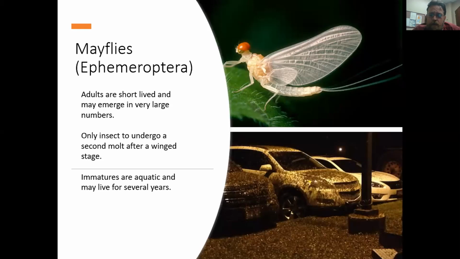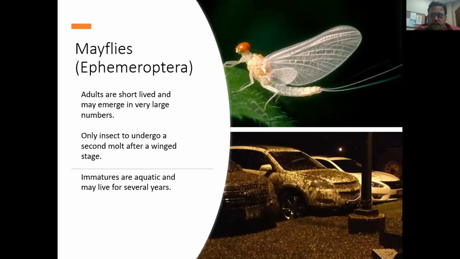Oftentimes, they will emerge synchronized, so you will have massive numbers of mayflies all coming out at the same time in large swarms. They mate in those swarms, and very shortly afterwards, the adults are gone. The immatures can actually live for several years. They're aquatic. They live in streams and other areas like that, streams and ponds.